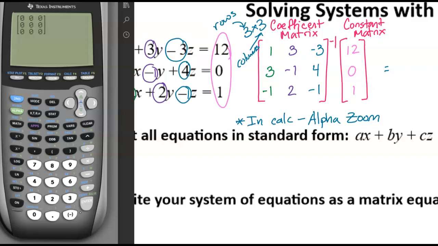What you should be doing now is entering all of the numbers that we found in our coefficient matrix. So 1, 3, -3. Then in the second row, 3, -1, 4. And in the third row, -1, 2, -1. I'll give you a minute to do that.